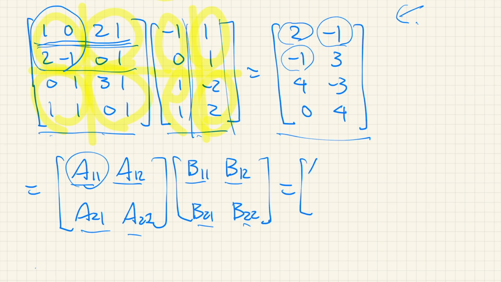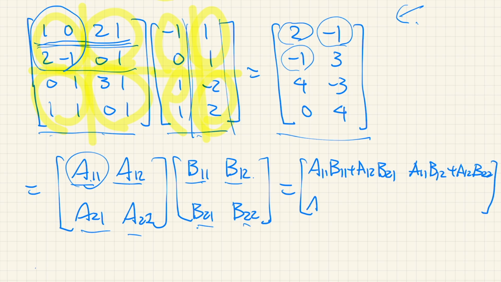So this becomes A11 times B11 plus A12 times B21, and A11 times B12 plus A12 times B22.